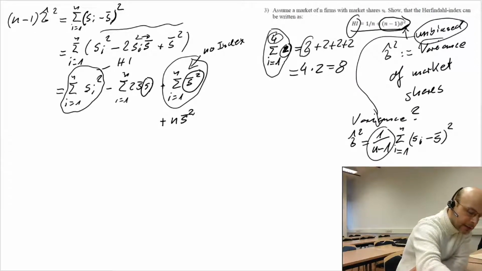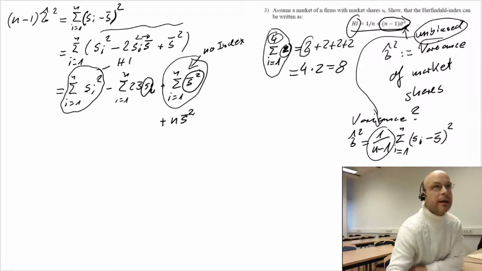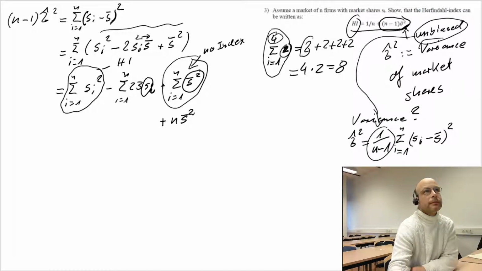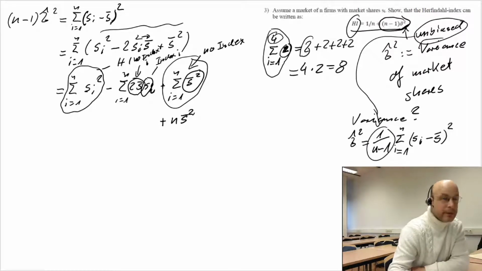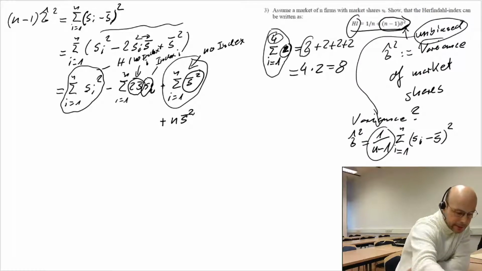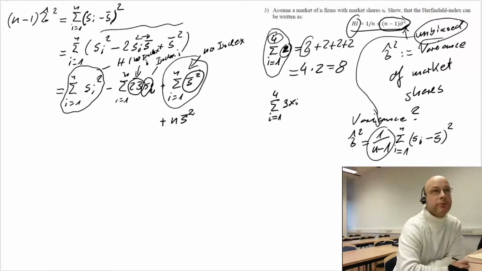Here, of course, in this sum we have an index I, but in this part again index I, and here no index I. So this is then something like 3 times the sum of xi, I from 1 to 4.